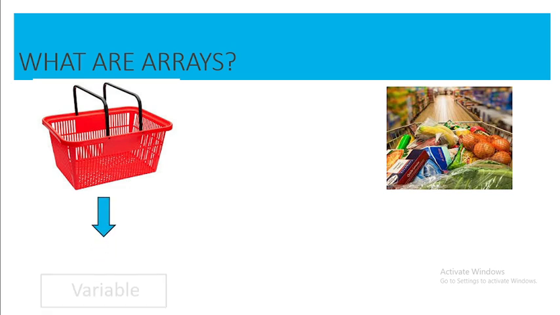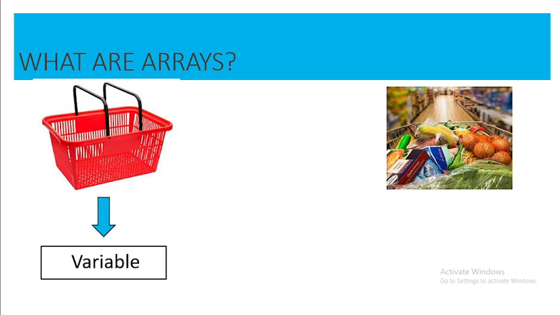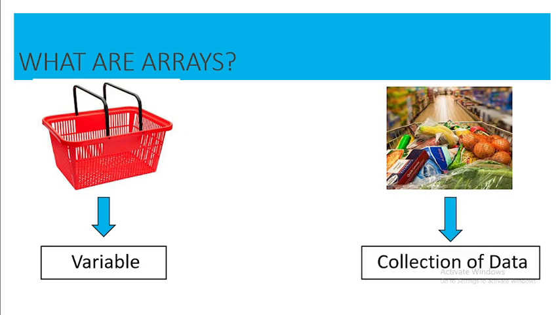So the basket becomes our container, and we know that in programming, containers are termed variables. Now you have a collection of data: milk, milo, gari.